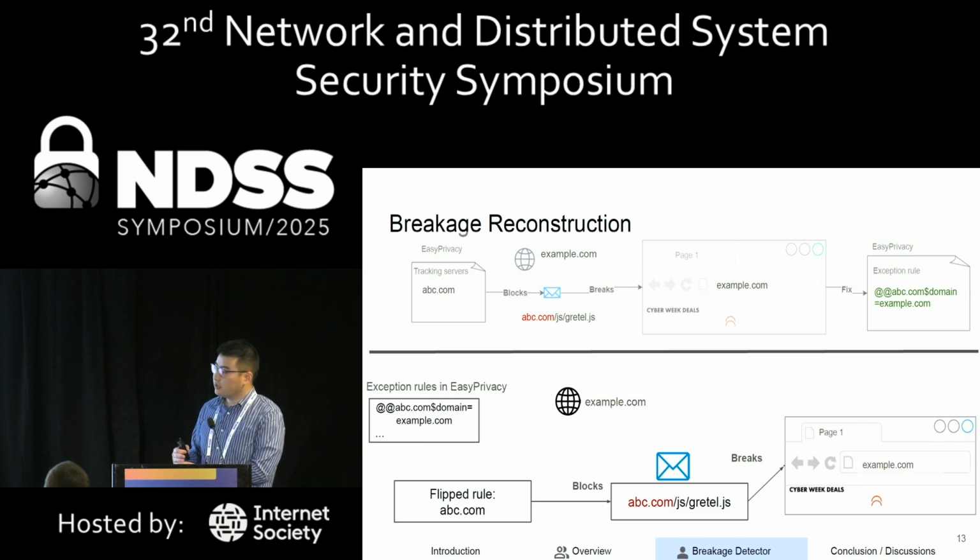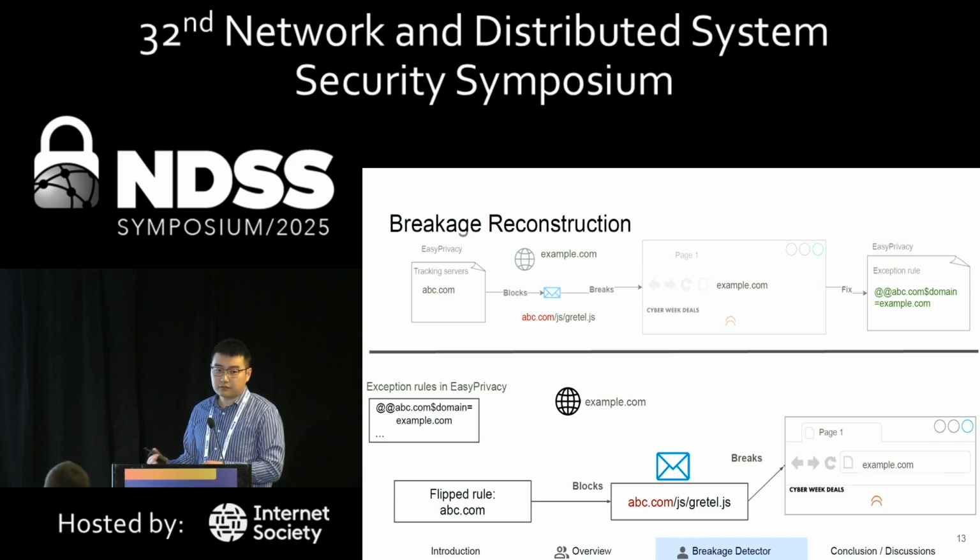It turns it into a flipped rule, turning it from an allow rule into a block rule, blocking the exact resource that the privacy developers previously identified to be critical for the breakage. Blocking this resource allows Duumviri to reconstruct the breakage.